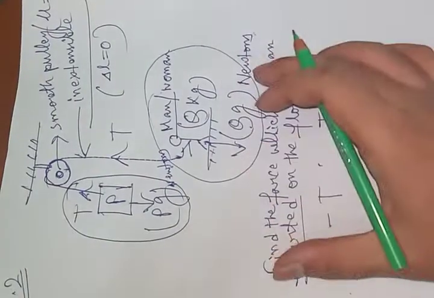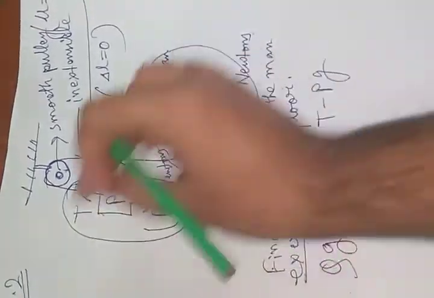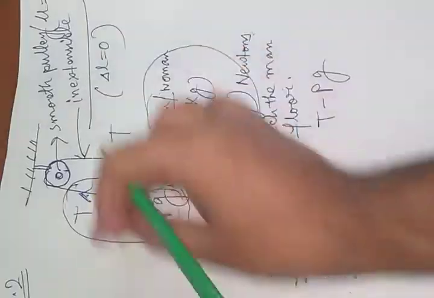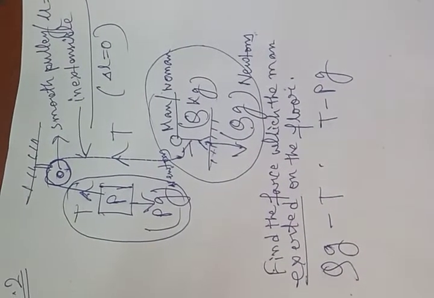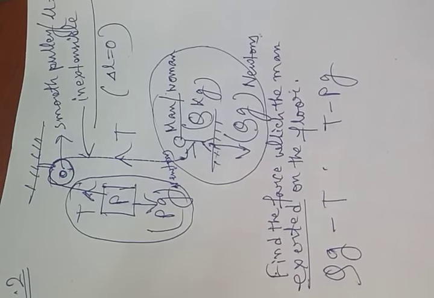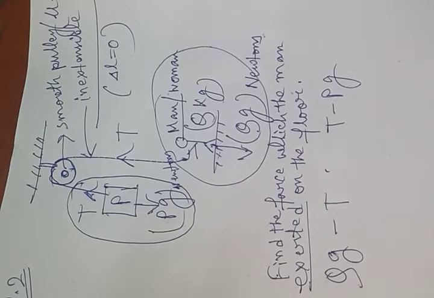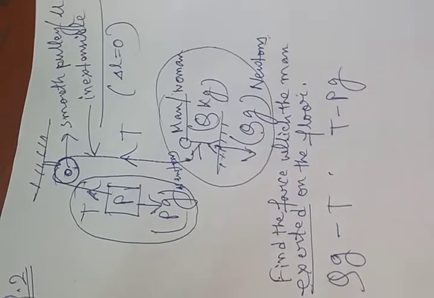Now since the block is not falling, the question states that the fall of the body of weight P attached to the other end of the rope is prevented.